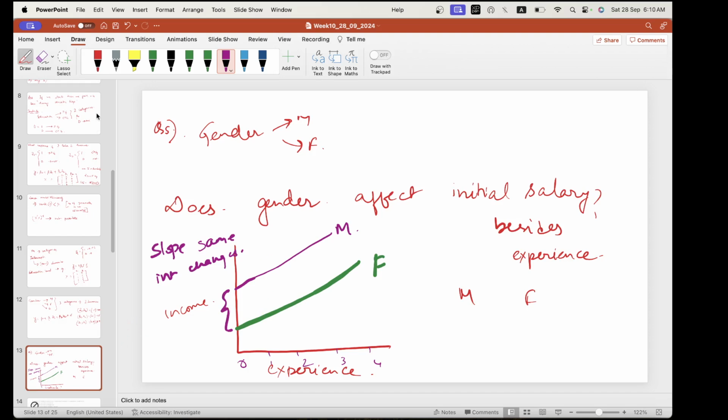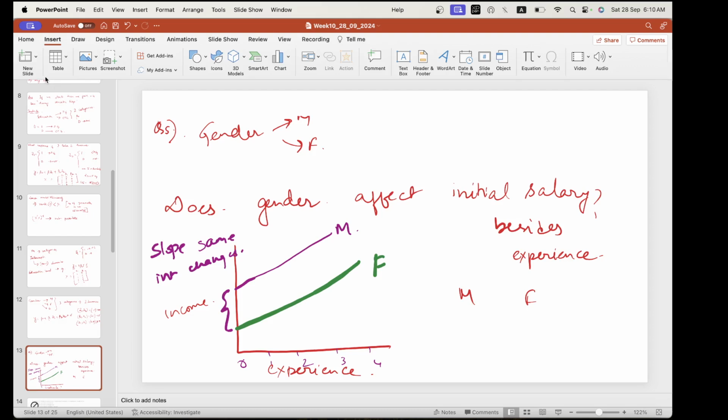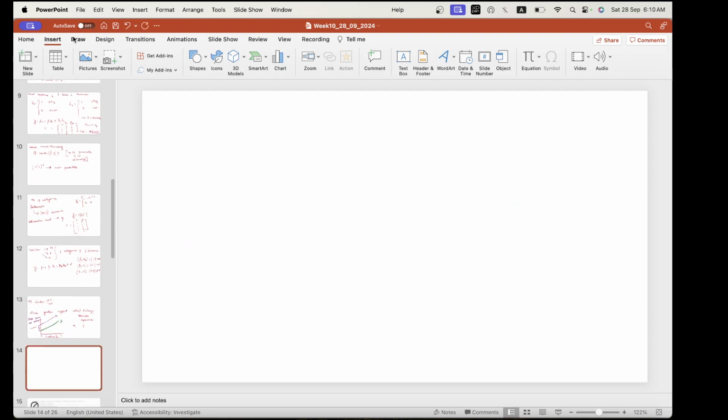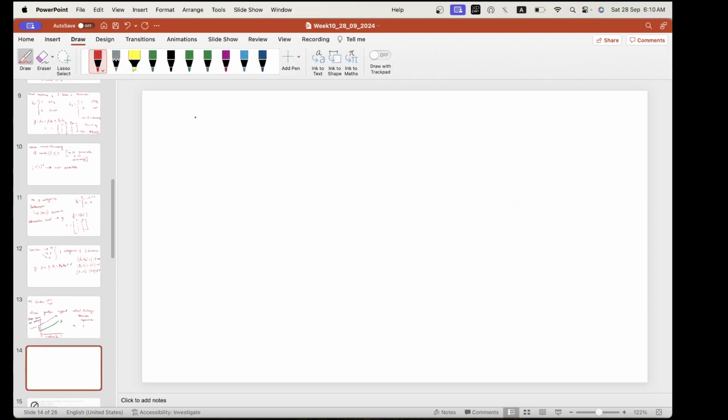Okay, so we could also have situations where we have a graph like this, where this is the graph for males and this one is the graph for females.